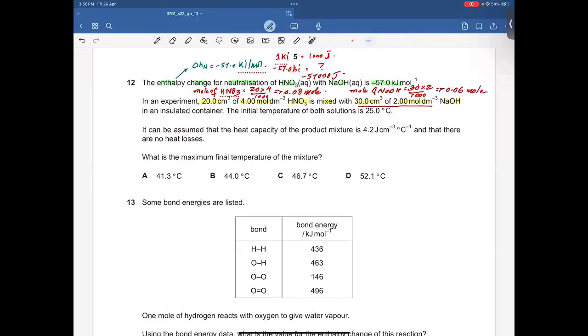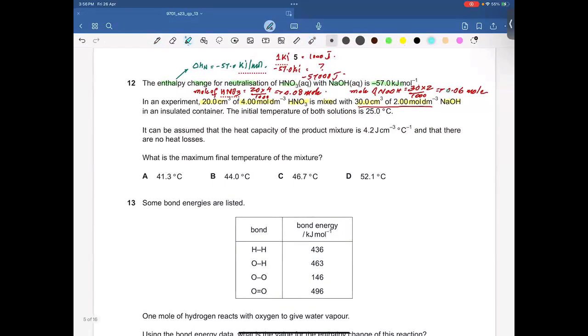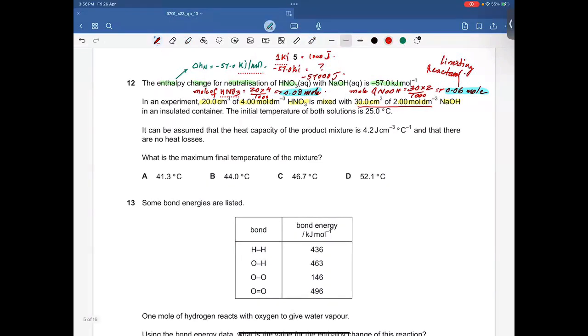As both of them exist in 1:1 ratio, this has less number of moles, which means NaOH is the limiting reactant, whereas nitric acid is in excess. Okay, this must be in excess.